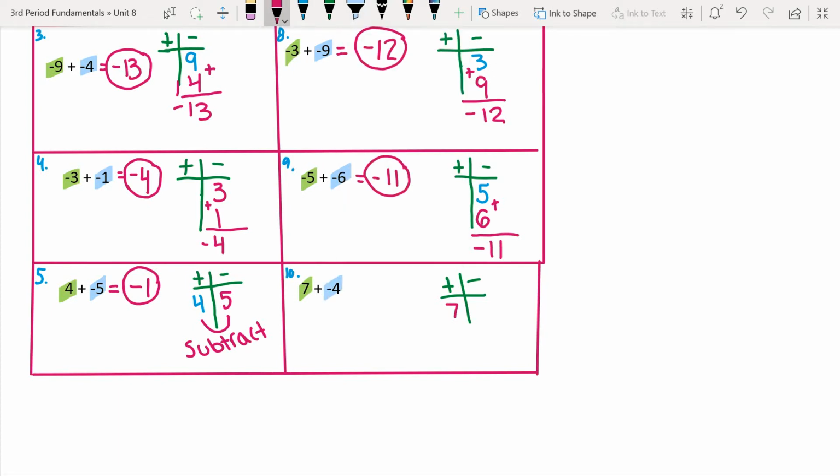Well, that's negative, so on my negative side, I'd write 4. Because the numbers are on opposite sides of the table, you subtract. So I do 7 minus 4. What is that? Well, that's 3. Which side had the bigger number? Well, that would have been the positive side because 7 is bigger. So this stays a nice, normal, positive 3.